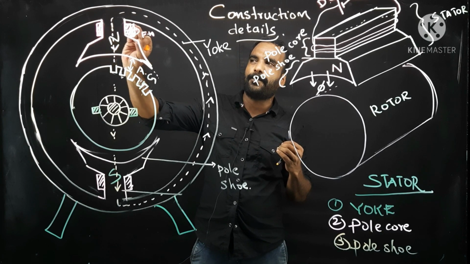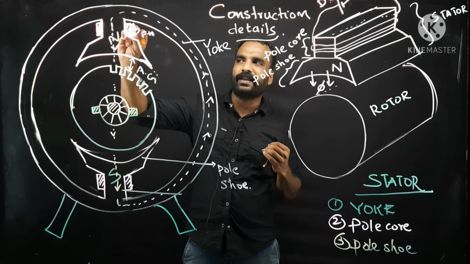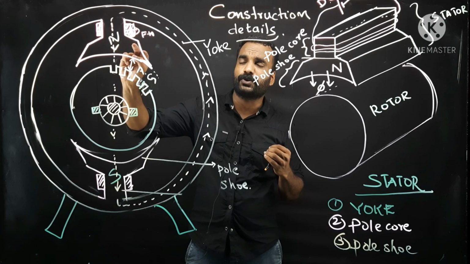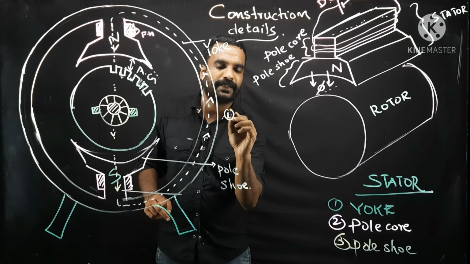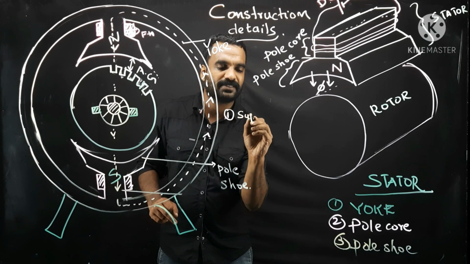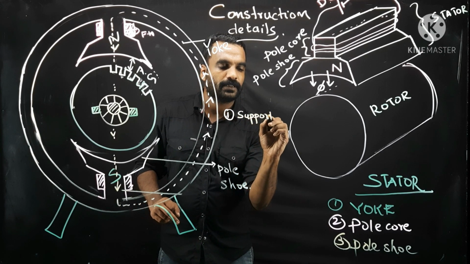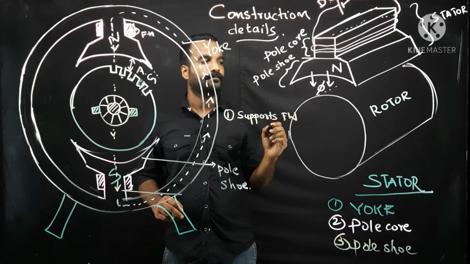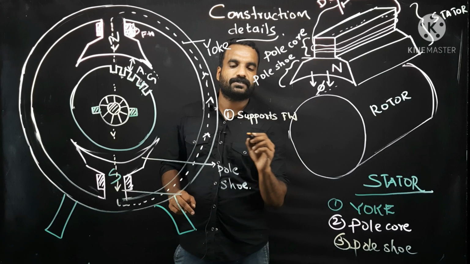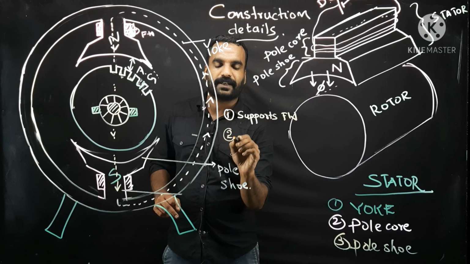So, for supporting the field winding, the shape of the pole shoe is very important. So the first function of the pole shoe is that it supports the field winding.